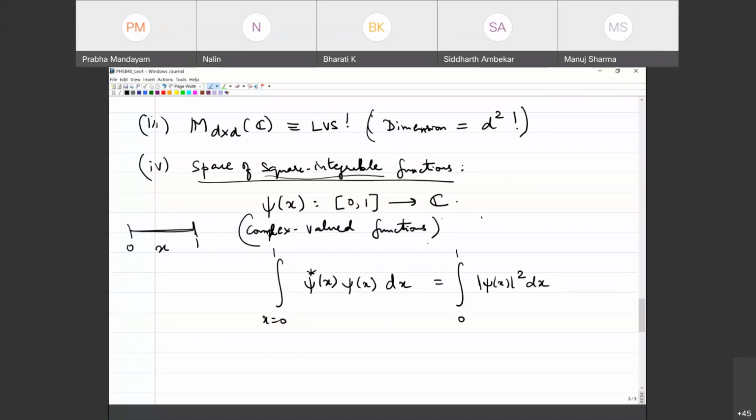So this is finite, right? So those complex valued functions for which this integral takes on a finite value constitute a space of square integrable functions. And in fact, this constitutes a Hilbert space, right?